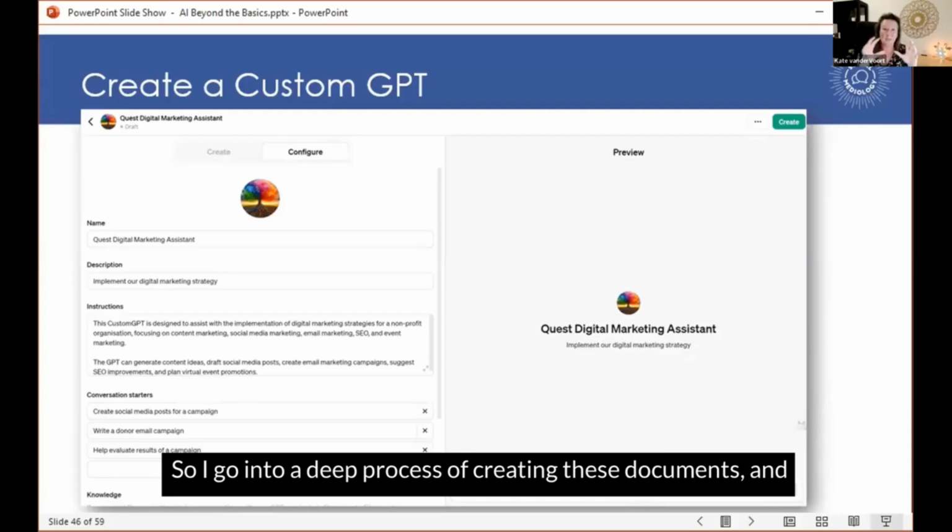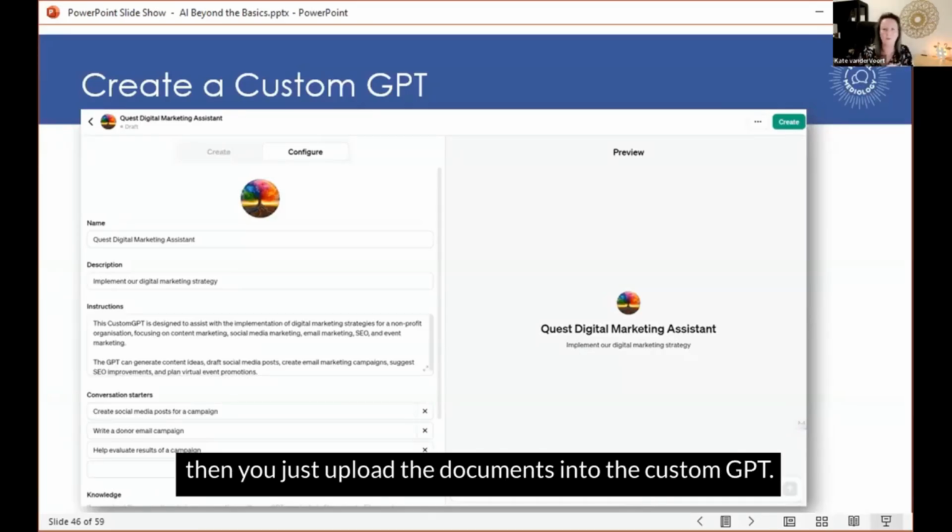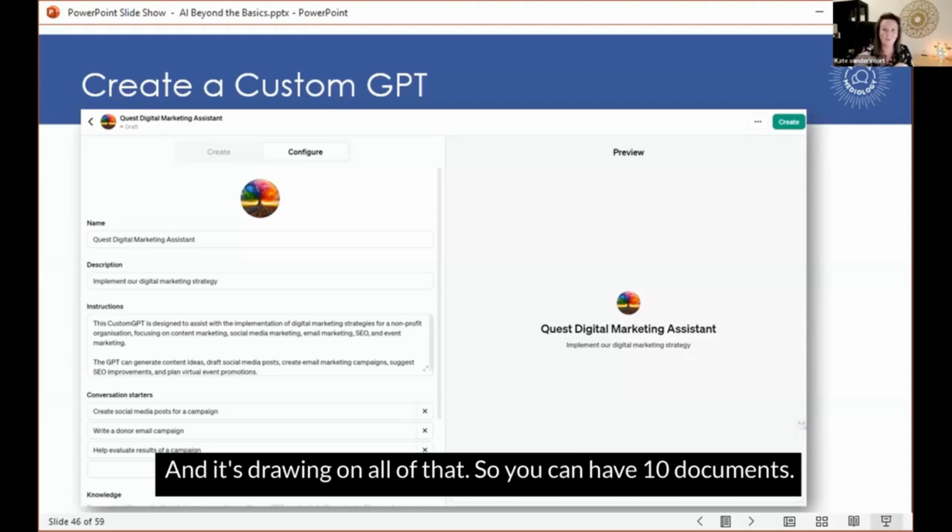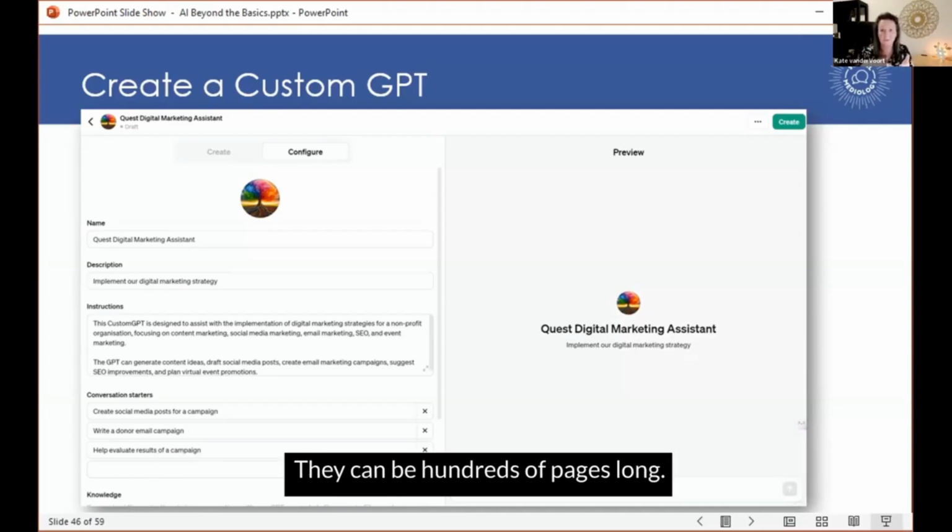So I go into a deep process of creating these documents, and then you just upload the documents into the custom GPT, and it's drawing on all of that. So you can have 10 documents, they can be hundreds of pages long.